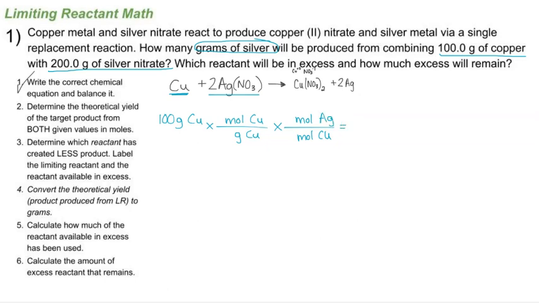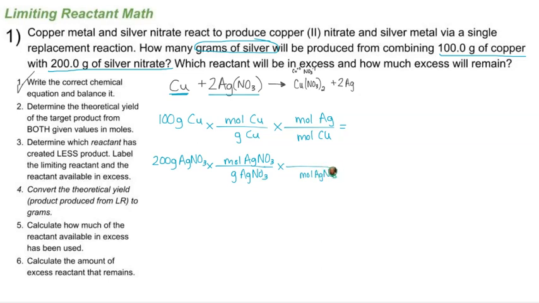Then I'll do the same thing for my 200 grams of silver nitrate, AgNO3. The parentheses are not actually necessary for silver nitrate. Grams of AgNO3 to moles. This just takes a whole lot of writing here. My hand tends to get sore, but the problem itself is really not super difficult.